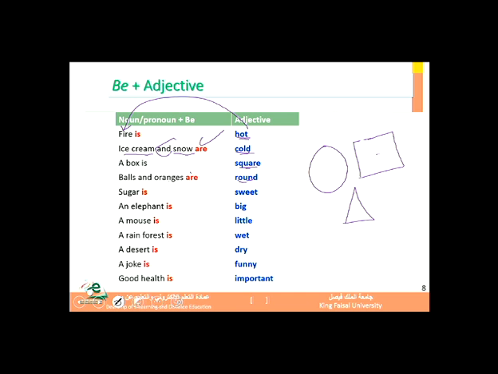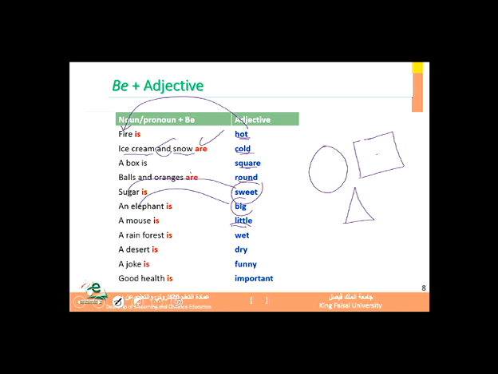Sugar is sweet. So we know now more information about sugar. An elephant is big. So we know that the elephant is big. Big, sweet are adjectives. They give more information about the noun that comes at the beginning of the sentence. A mouse is little. Adjective.